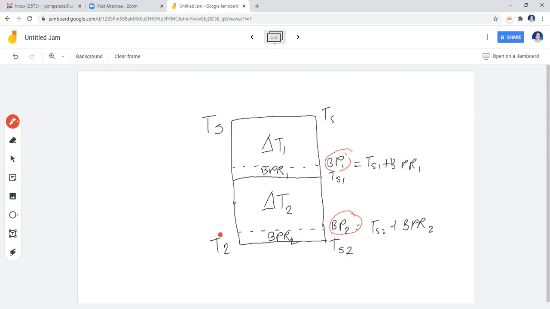The only thing that changed is this manner of determining the boiling point of your solutions, because you're no longer using the saturation temperatures in determining the enthalpy for the solution, and even the enthalpy of your vapor, because this time it will already have superheat, and you will need the BPRs for that. And you need the BP of the solution instead of the saturation temperature.